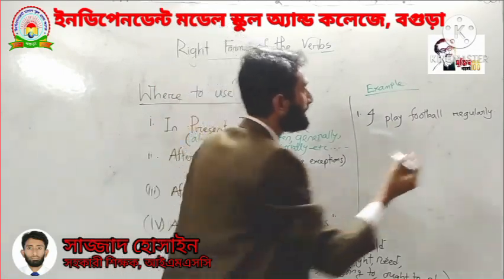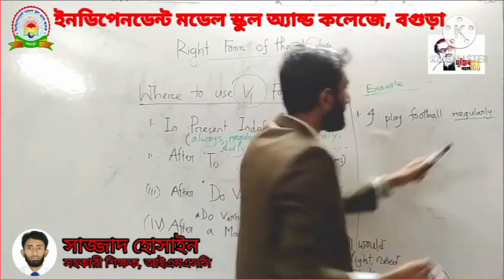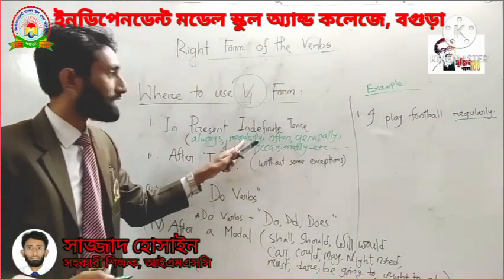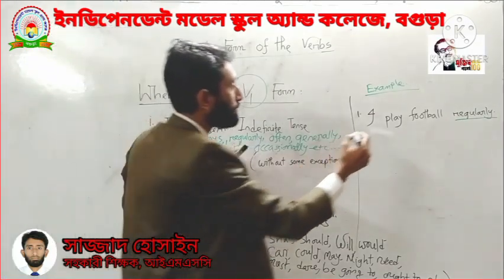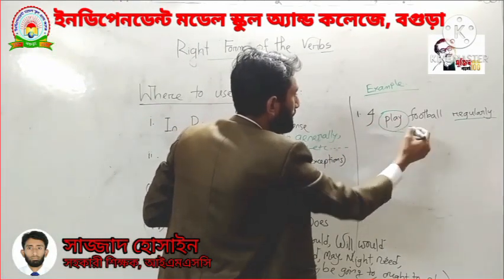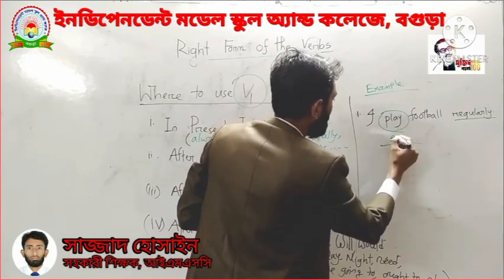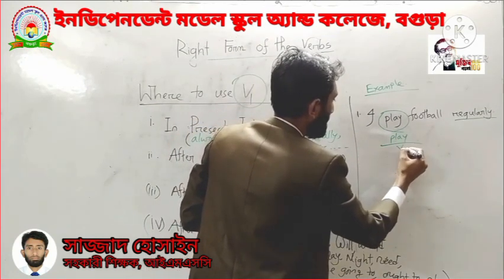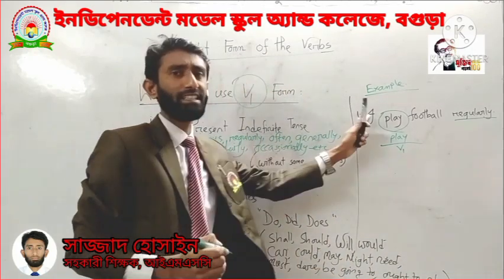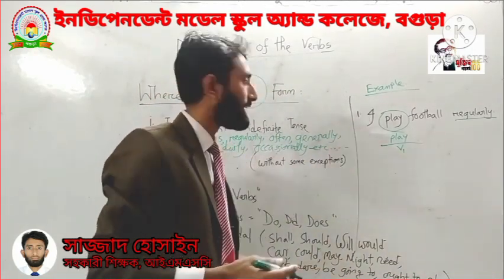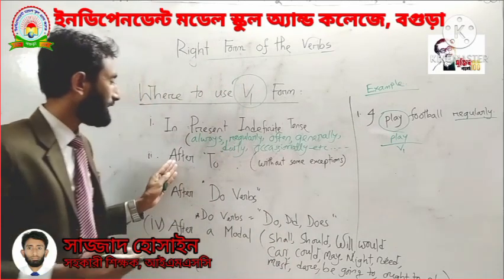Obviously, I find the word regularly. And if we find this word regularly, then the verb will be in present form. That means the verb will be play. V1. Is it clear to you? Okay, now come to the next one.